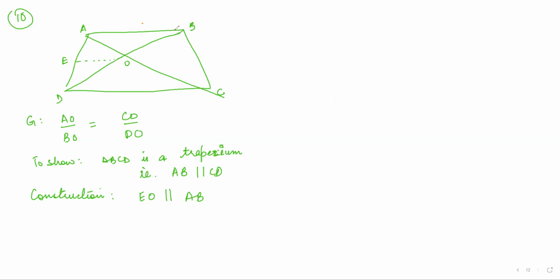which triangle can I start with? ADB. Good. So proof. Now in triangle ADB, since EO is parallel to AB, from BPT, what can I write?